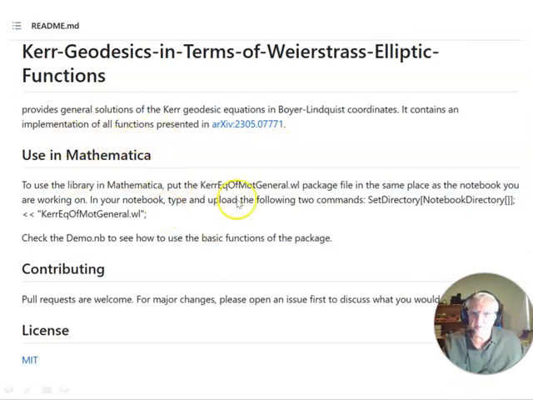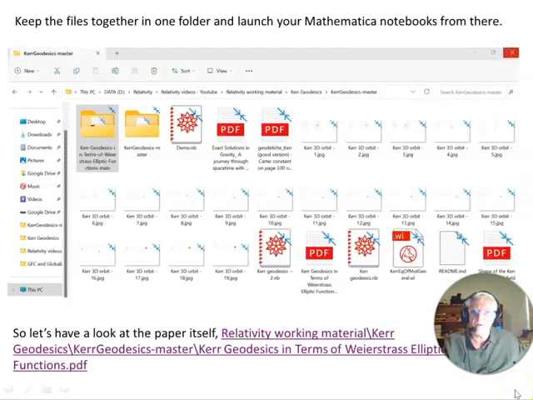Okay, just some pointers here. If you're going to use Mathematica, you'll need to import this particular library into Mathematica and install that first. There's a demo file included, which will give you an idea of how to use the package.